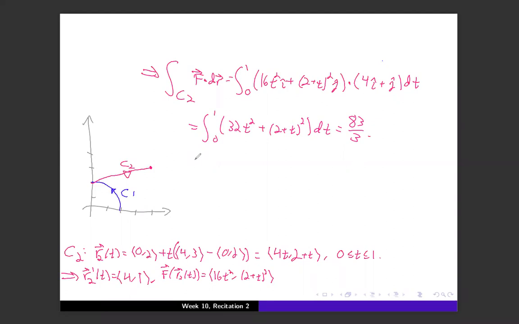So now, with that in mind, the upshot of all of this, we're trying to find the integral, just to remind everyone, of f dot dr, and that is going to be the integral over C1 of f dot dr, which we did earlier on, plus the integral over C2 of f dot dr, which we just did.